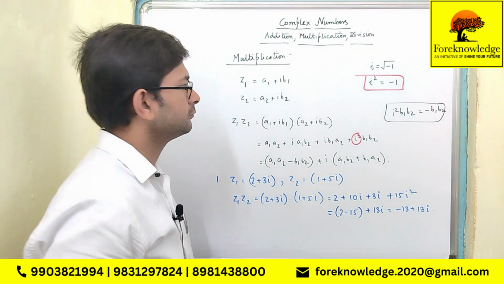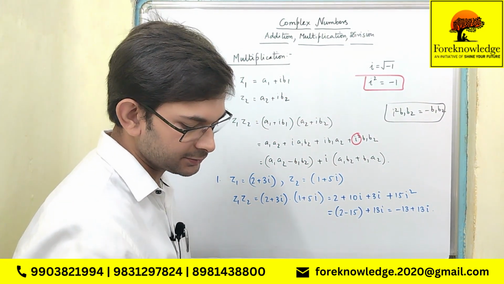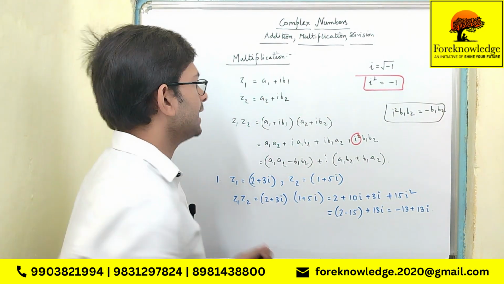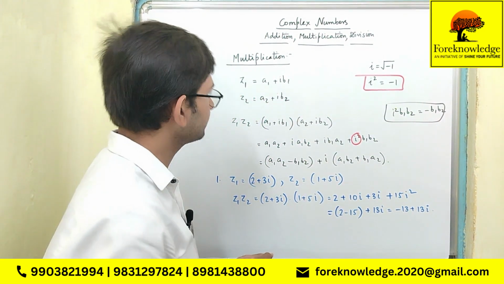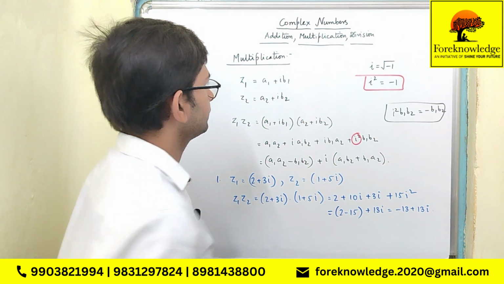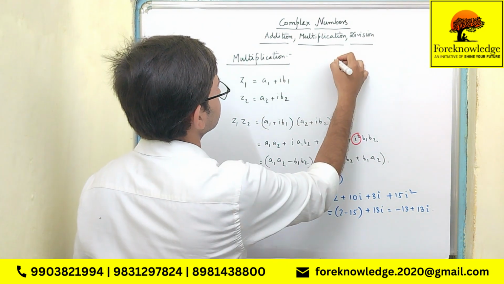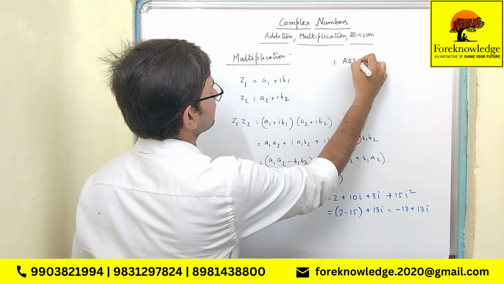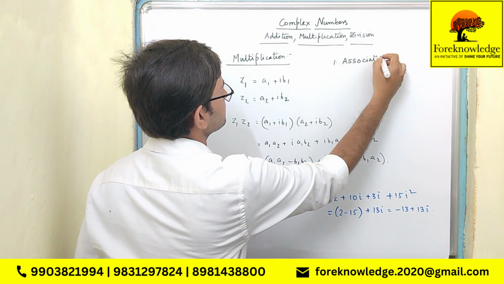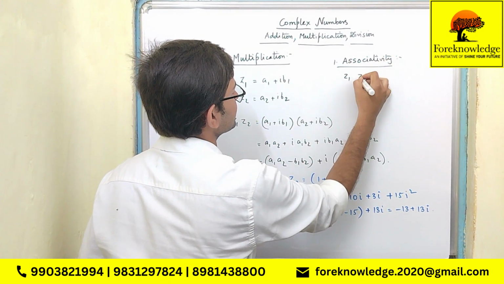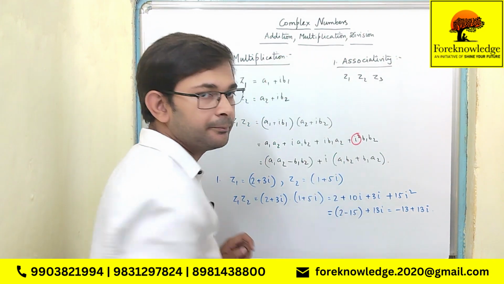Now, same two properties, that is associativity and commutativity. Associativity means, let us write here. Properties. Associativity. You have three complex numbers, z1, z2, z3, you are multiplying them.